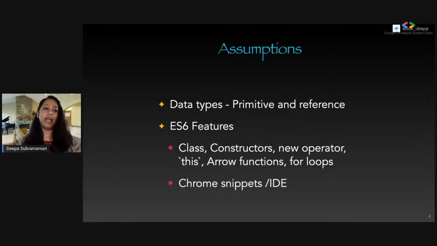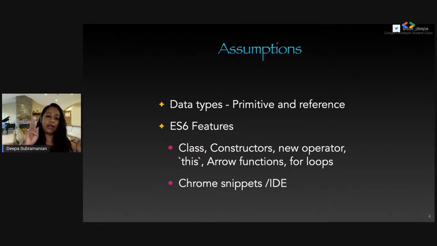So my assumption here is that you have some understanding of data types in JavaScript. You should know a little bit of ES6 features. You should know what classes are, just to refresh your memory. Classes are templates for creating objects. A constructor is a special method of a class for creating and initializing an object instance of that class.